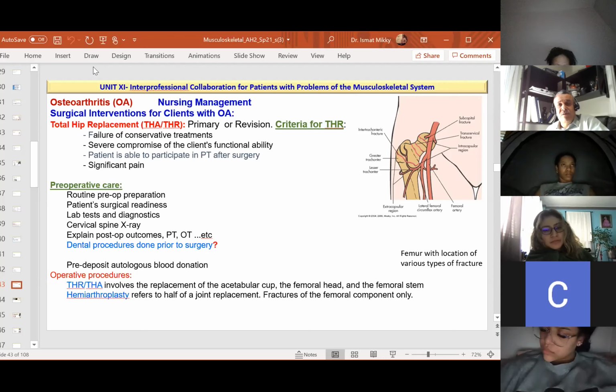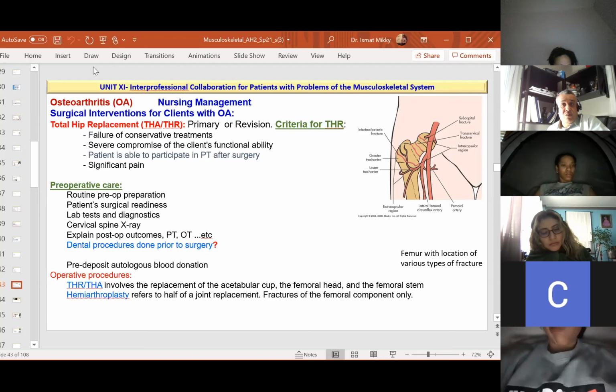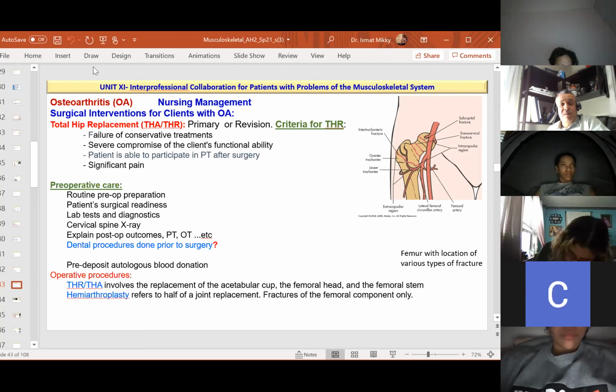When the osteoarthritis and associated manifestations will compromise the patient's ability to function and do the ADLs, that's another indication or criteria for the replacement.